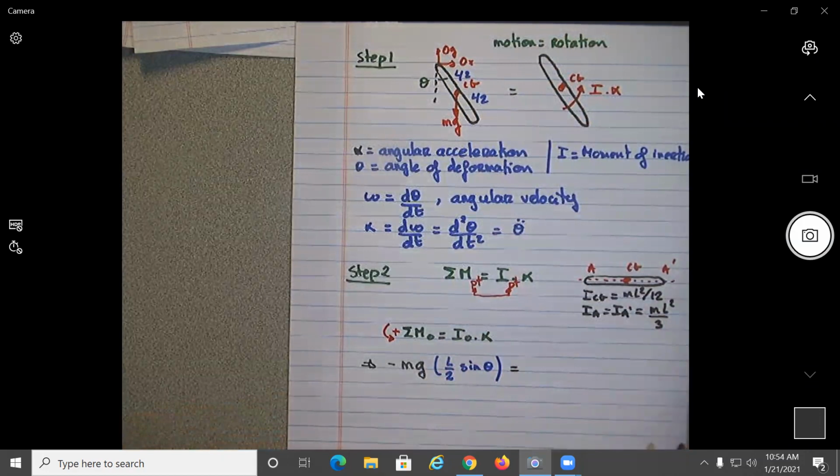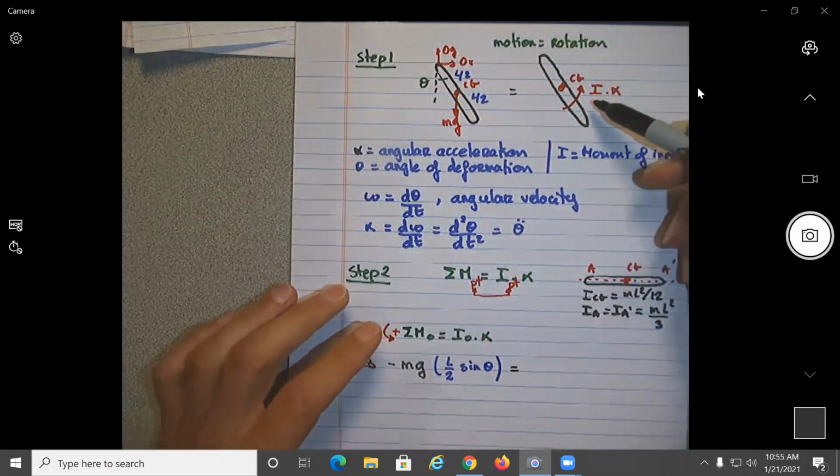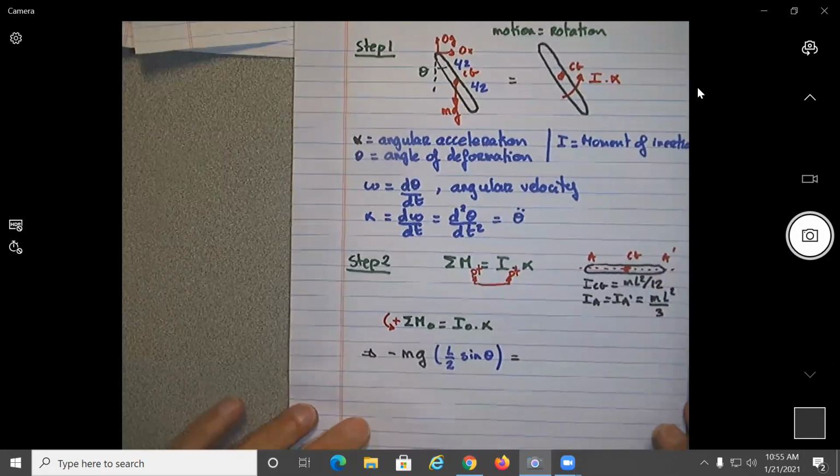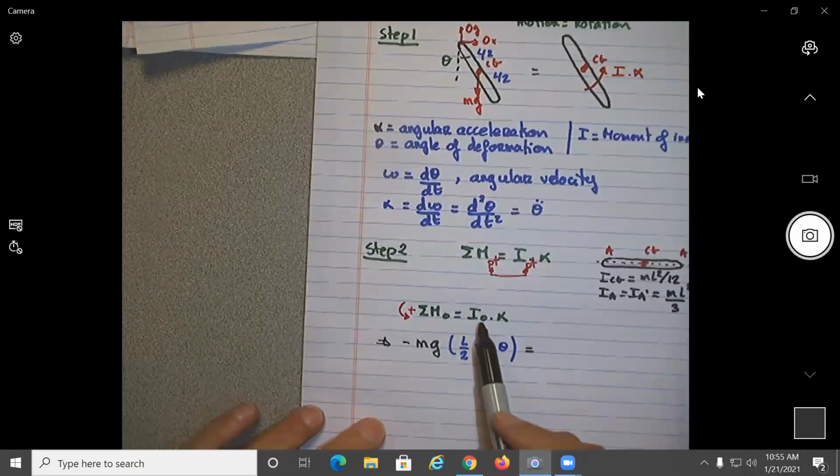Now the right hand side should be equal to what?